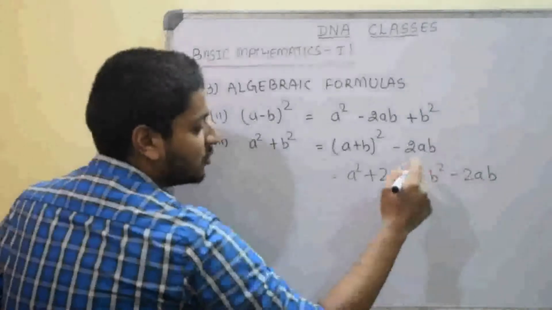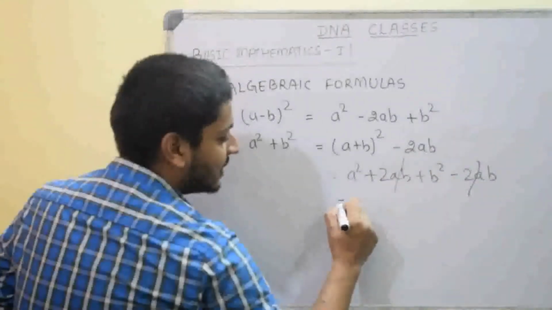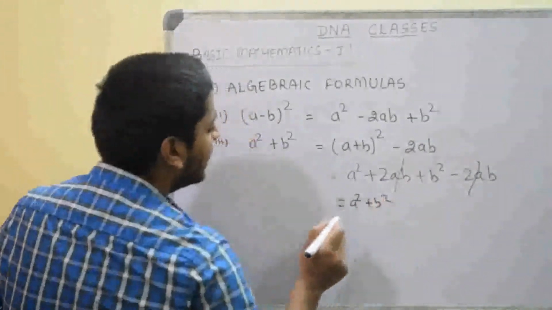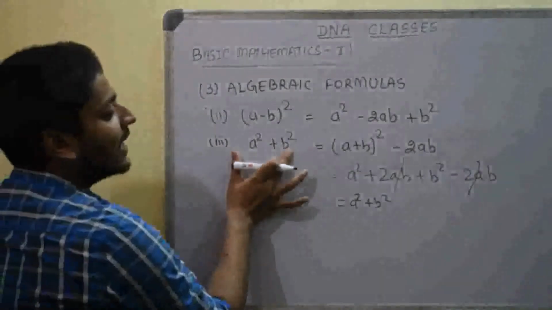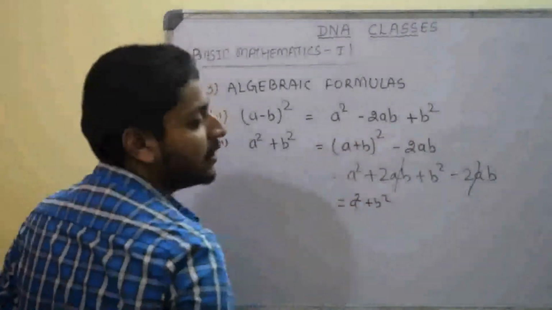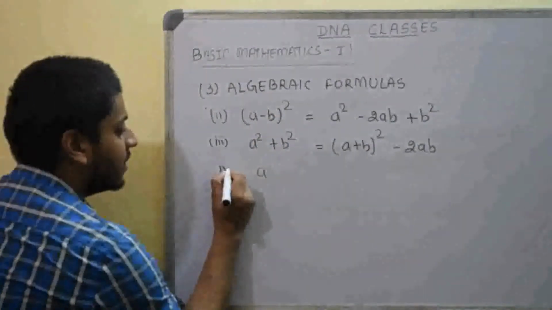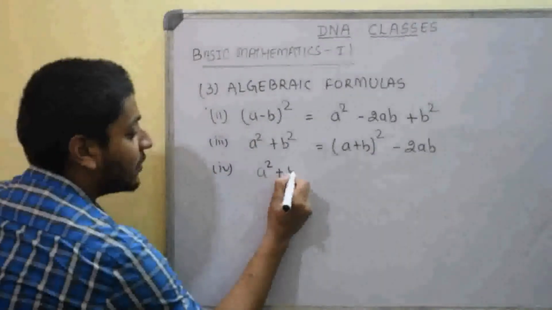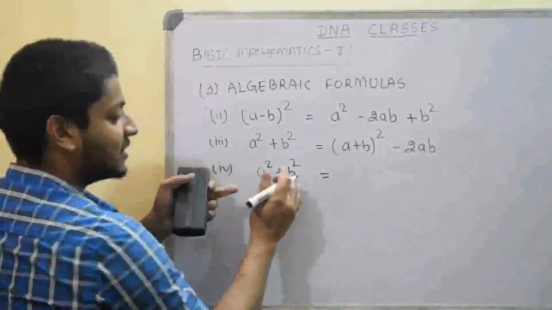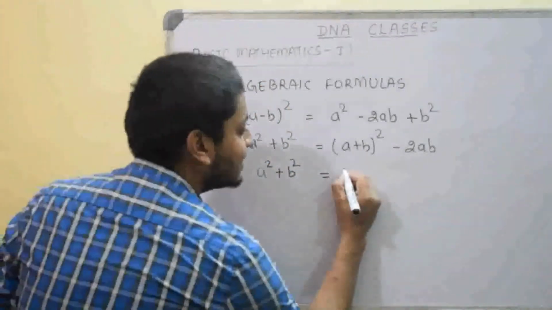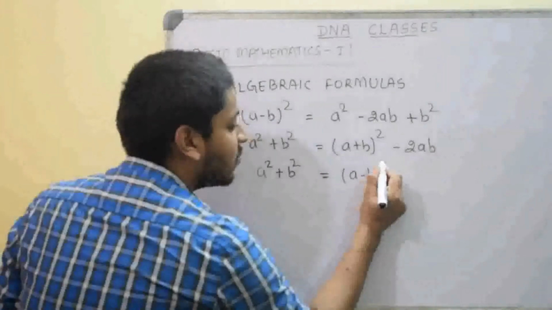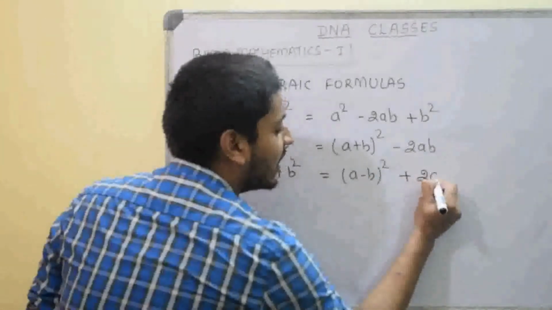Plus 2ab minus 2ab will get cancelled. We are left with a square plus b square. So we can write a square plus b square as a plus b whole square minus 2ab. Similarly, a square plus b square can be written as a minus b whole square plus 2ab.